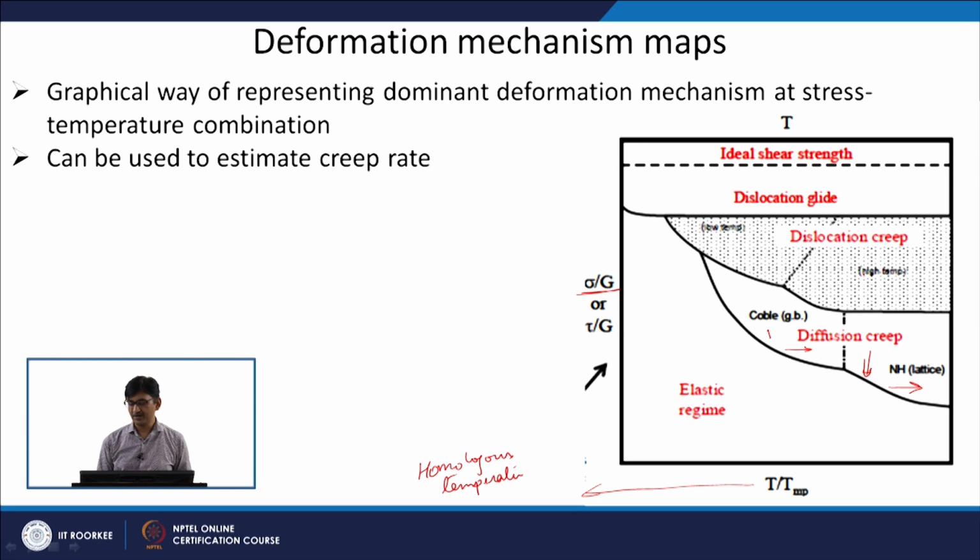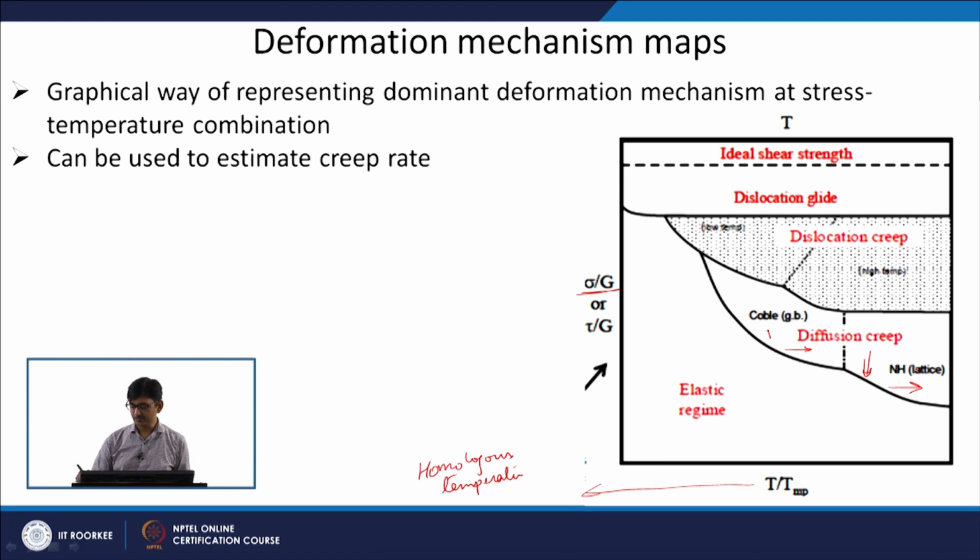Dislocation creep will dominate at higher stresses and lower temperature. At high temperature also it will be dominating, but it will go towards the lower temperature also. So, at higher stresses and lower temperature you will have dislocation creep.